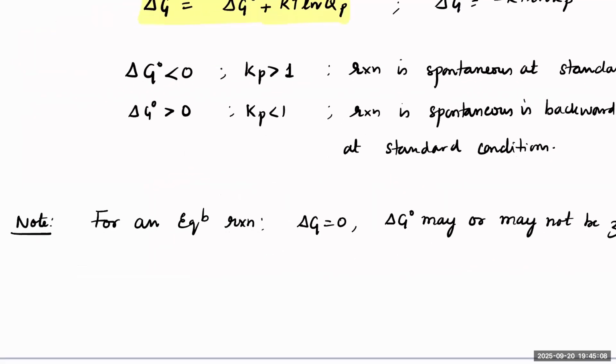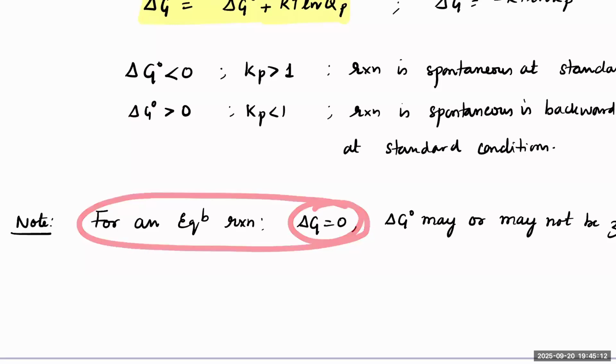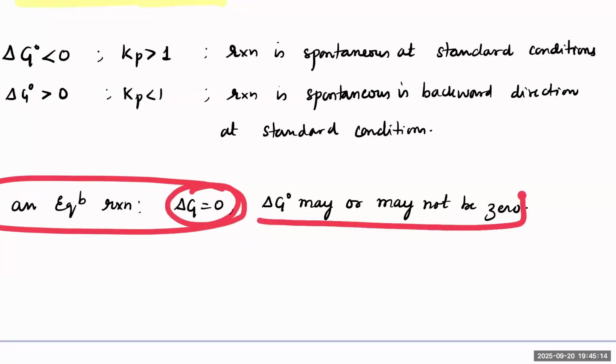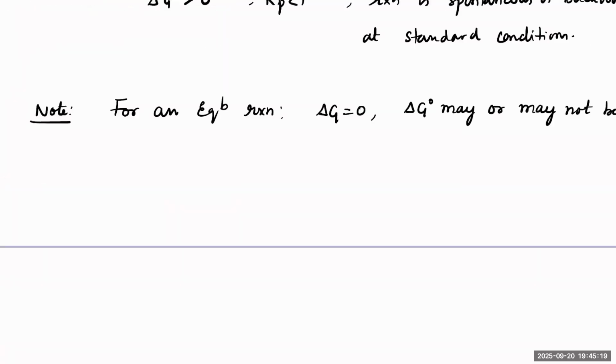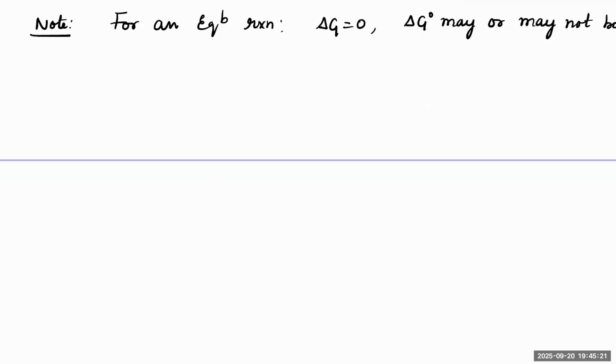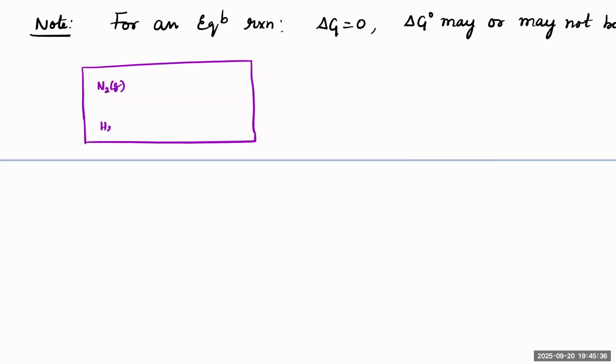And for any chemical reaction, if delta G is 0, that means delta G naught may or may not be 0. To explain this in simple terms, let me show you this part. Imagine I have a box, a closed enclosure, which has N2 gas, H2 gas, and ammonia gas.